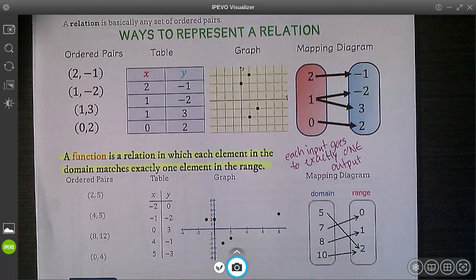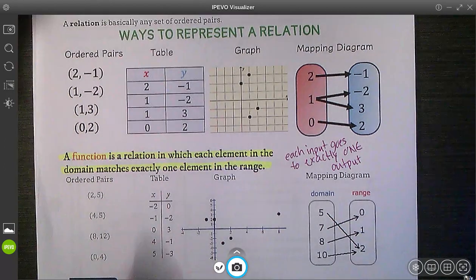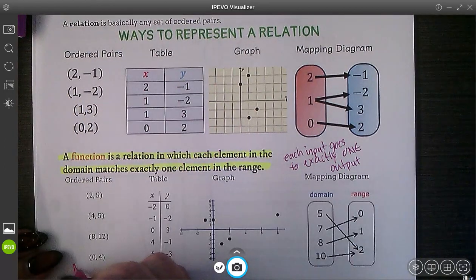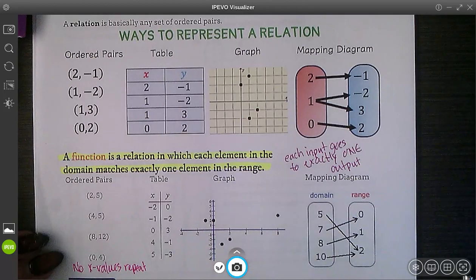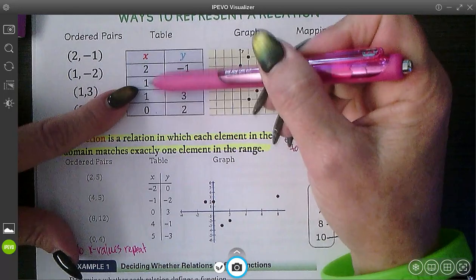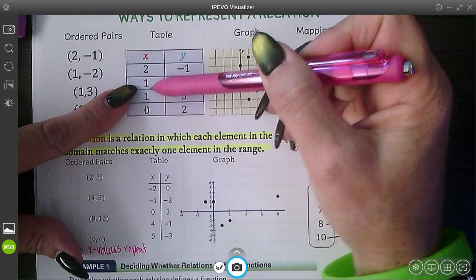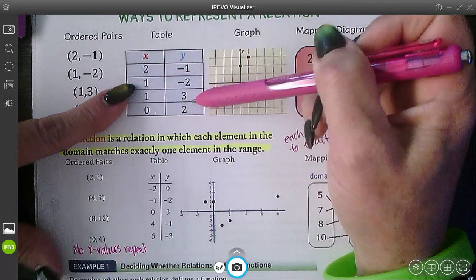So in terms of ordered pairs, what we're looking for in a function is that we have no x values that repeat. That's how we can tell if we have a function. In the table, we see the same thing. I have 2 inputs of 1, but the input of 1 sometimes gives me a -2 and sometimes gives me a 3.